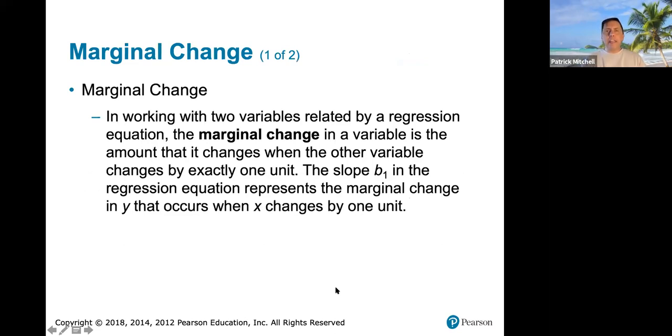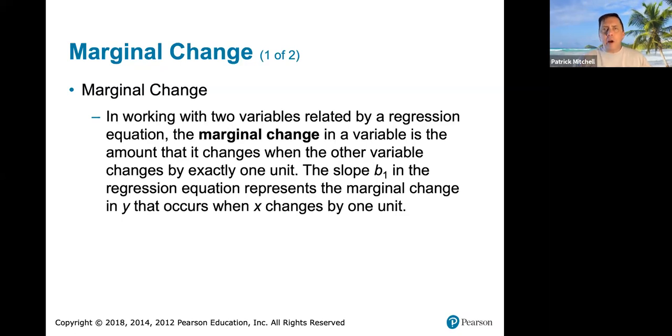Okay, marginal change. This is where they talk about the meaning of the slope of the regression equation. In working with two variables related by a regression equation, the marginal change in a variable is the amount that it changes when the other variable changes by exactly 1 unit. The slope B1 in the regression equation represents the marginal change in Y that occurs when X changes by 1 unit.